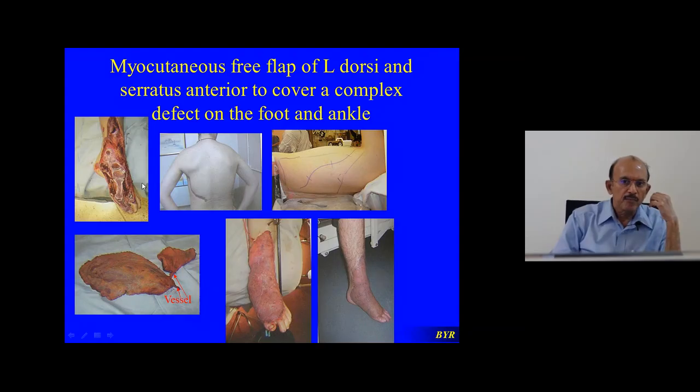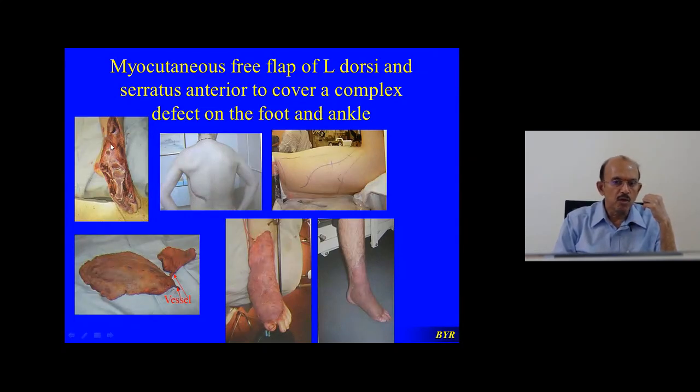You can see here there is a big crush injury of the foot. This is the foot. The muscles and the bones have been lost with exposure of the bones here. So then what the surgeon has done was he has taken a big flap of latissimus dorsi muscle along with its overlying skin.